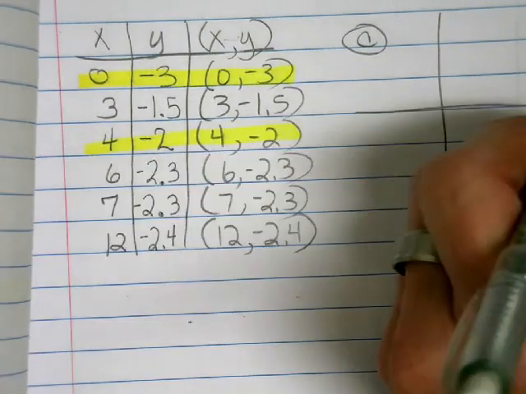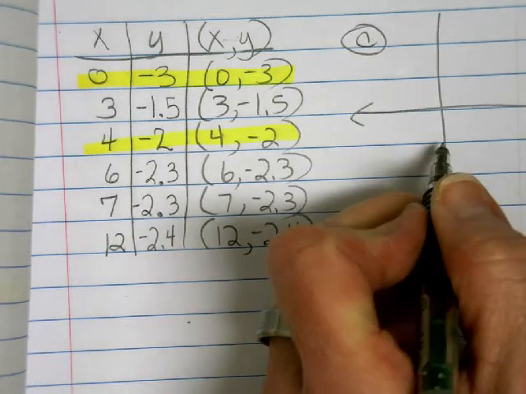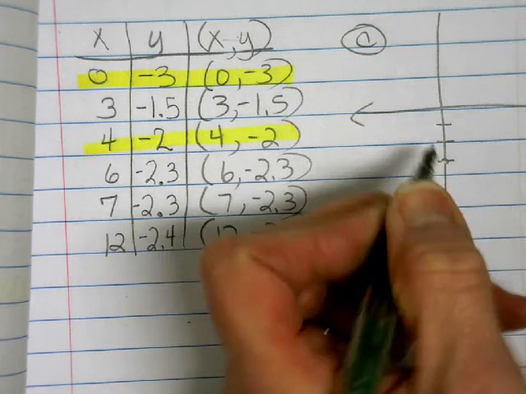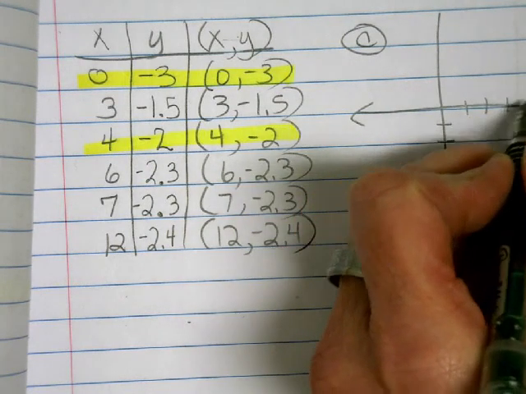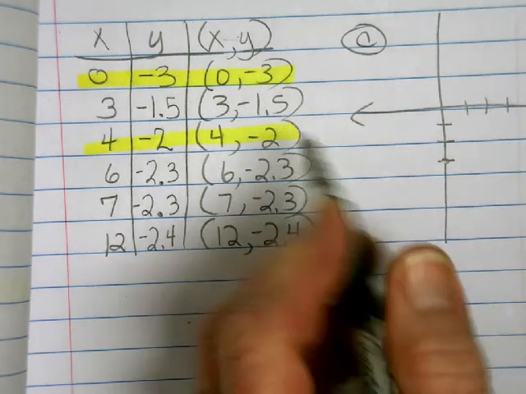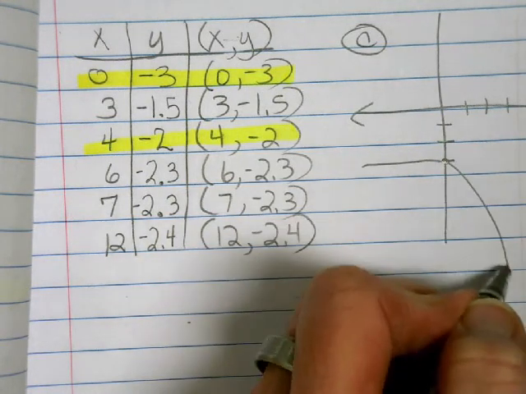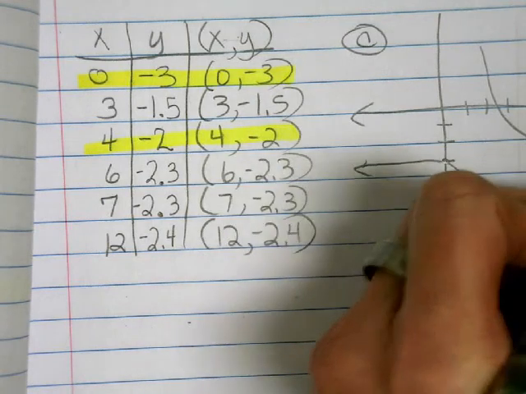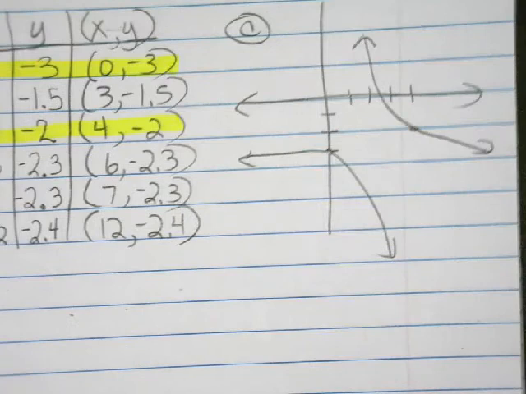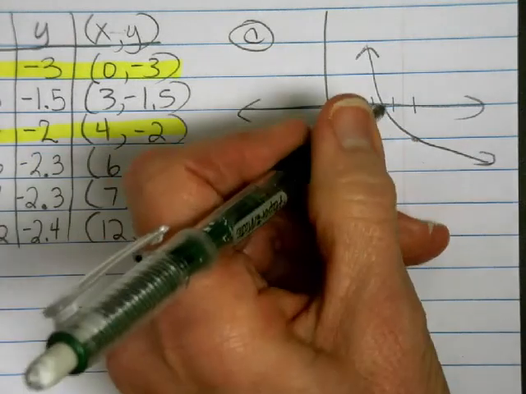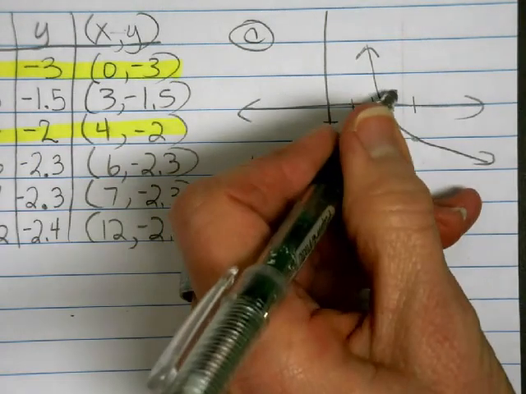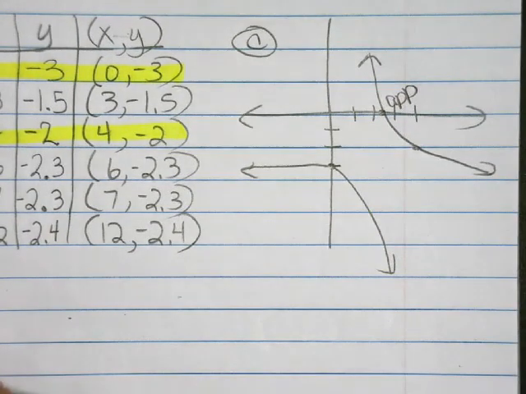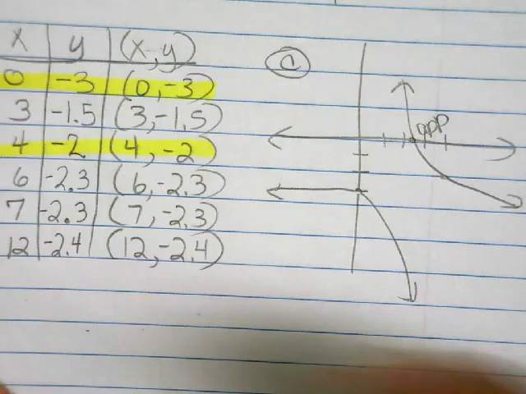So for your little graph, okay, it's 0, -3, and 4, -2. This one comes through that. This one goes through here. Am I still on the screen? Not very good. Okay. So this number is approximate.